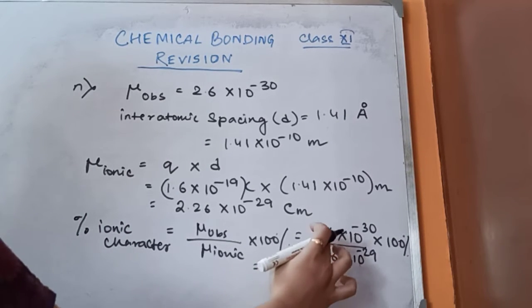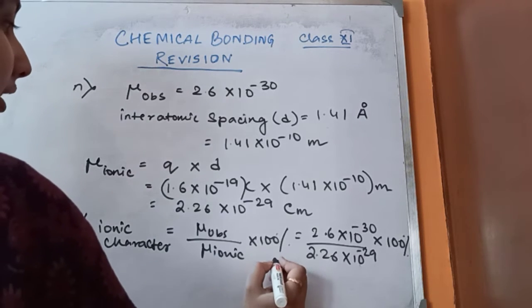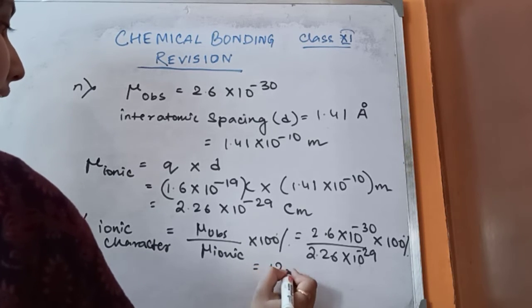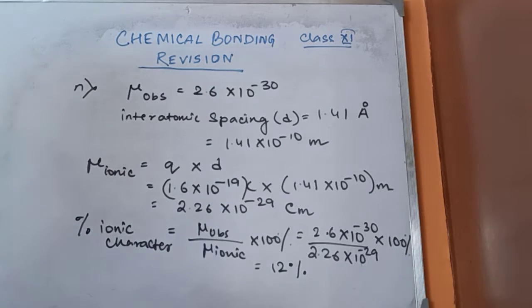This calculation will give you a value of 0.1150, which we will consider as 0.12. So the answer will come as 12%. This is how you will calculate the percentage ionic character of this type of sums. This is question number N.